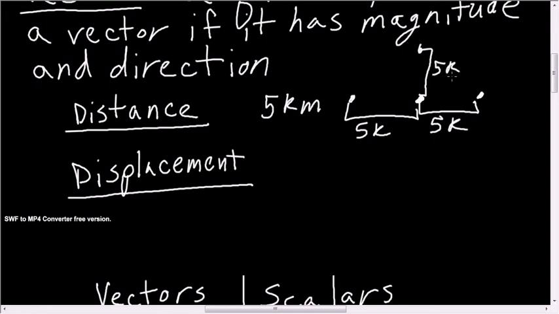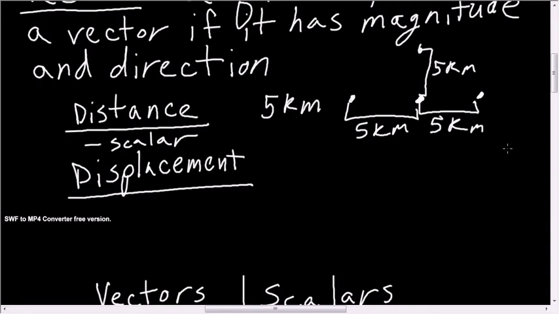So distance, because it's a scalar, only has a magnitude, it only has an amount. So if it's 5 kilometers, I don't know whether it's 5 kilometers west, north, or south. I just know that you're 5 kilometers away.